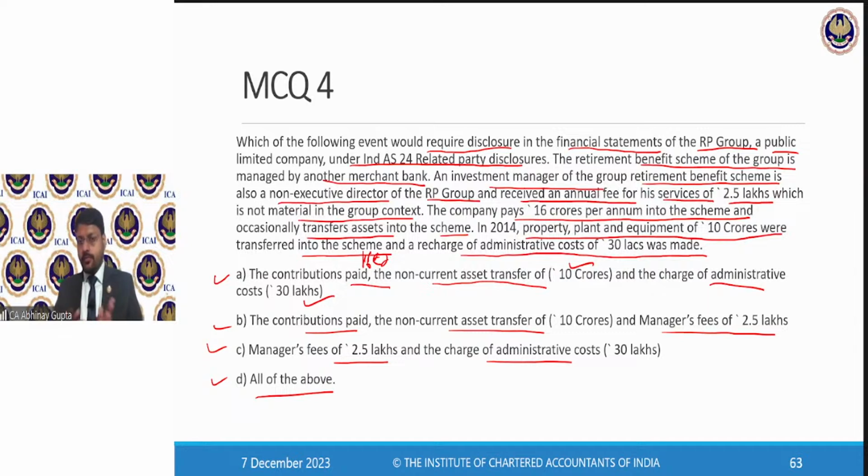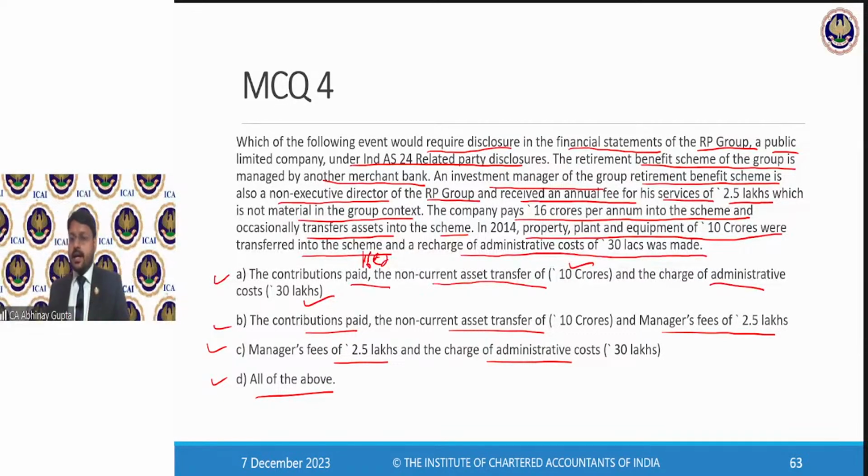Manager's fees need to be disclosed, and administrative fees, or all of the above. So there are four transactions. One is contribution paid 16 crore. Another is PP&E transfer 10 crores. Third is the administrative charge 30 lakhs. And fourth is the manager's fees 2.5 lakhs. So out of these four, which all need to be disclosed? Number one, first three. Number two, contribution, asset transfer and manager's fees.